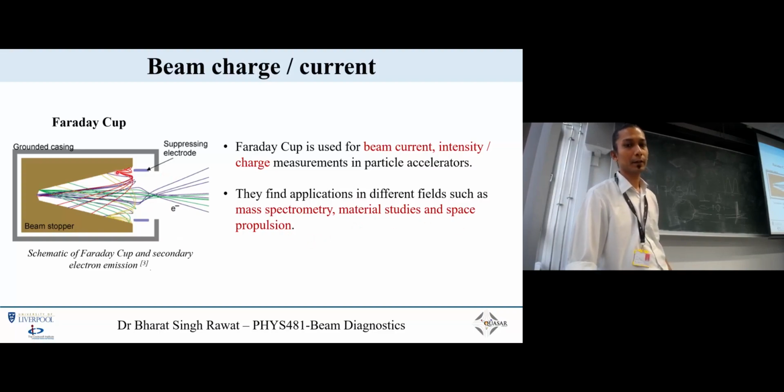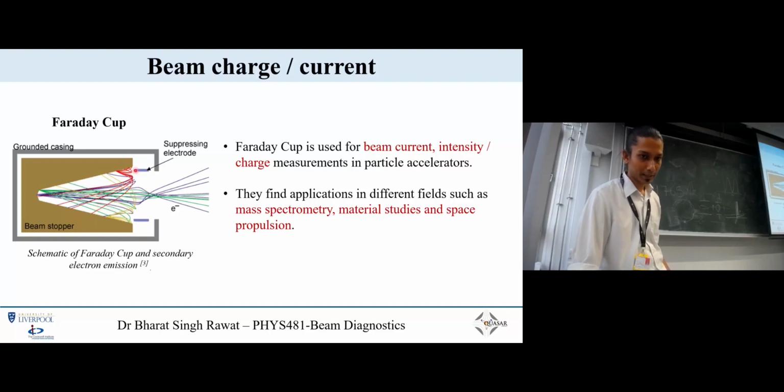So it is a metallic conductor, and the beam enters from the left. It interacts with the material because the energy of the beam is high and the work function is low. It will emit secondary electrons from the surface, and these secondary electrons, depending on the design of the Faraday cup, will either escape or go back to the surface.